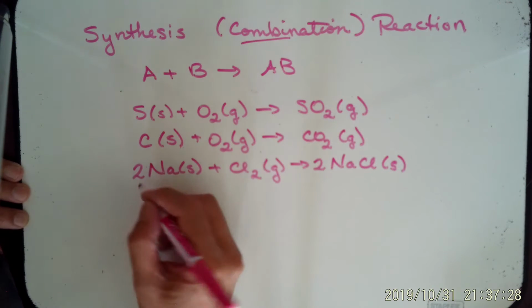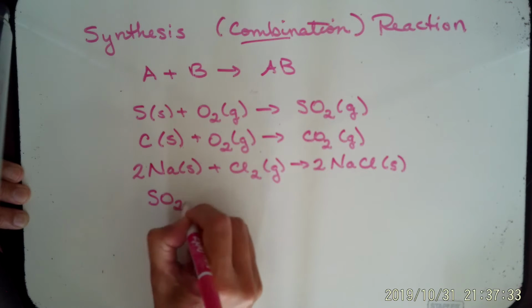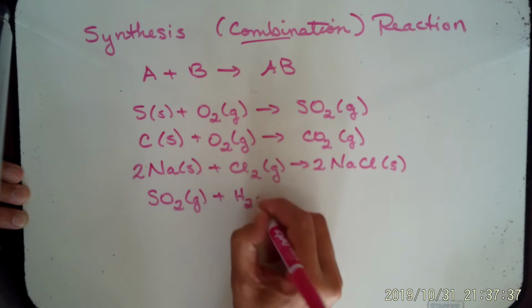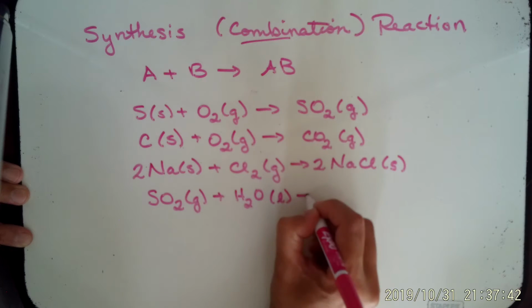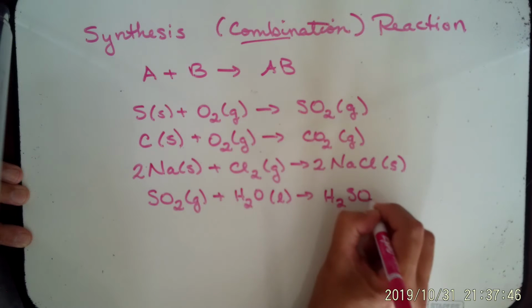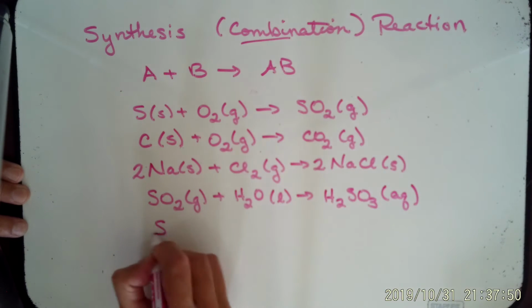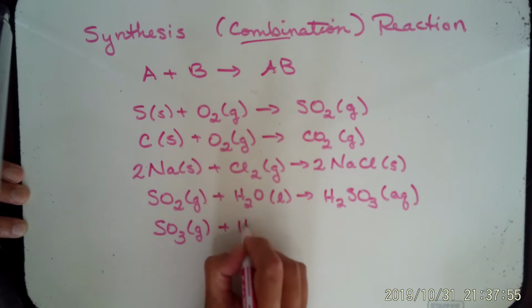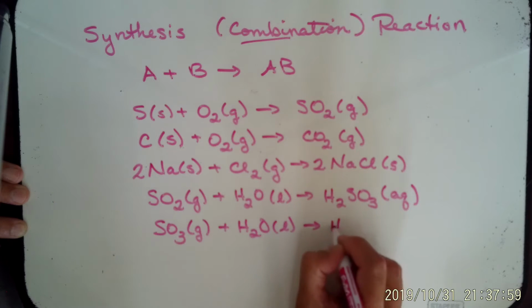You can also react the sulfur dioxide with water, and you'll get sulfurous acid. You can also use a gas called sulfur trioxide, react it with water, and that will give you sulfuric acid.